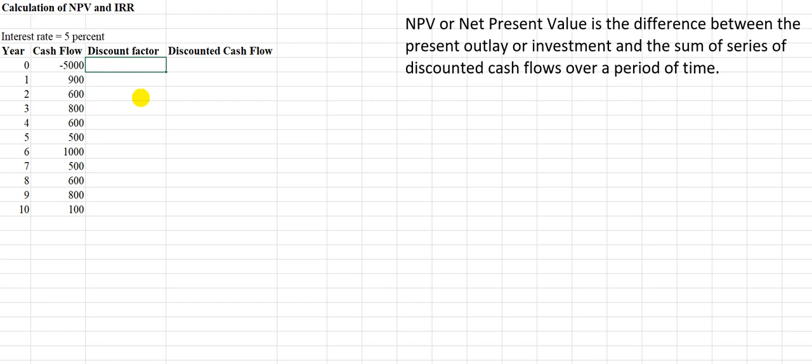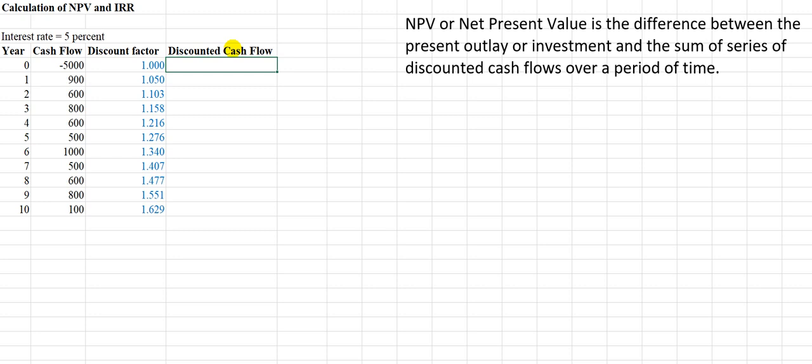For the discount factor, it is simply 1 plus 0.05 to the power of the year. For year 0, I'll put 0, and the discount factor for year 1 is 1.05 to the power 1, for year 2 is 1.05 to the power 2, for year 3 is 1.05 to the power 3, and so on. This is the discount factor.